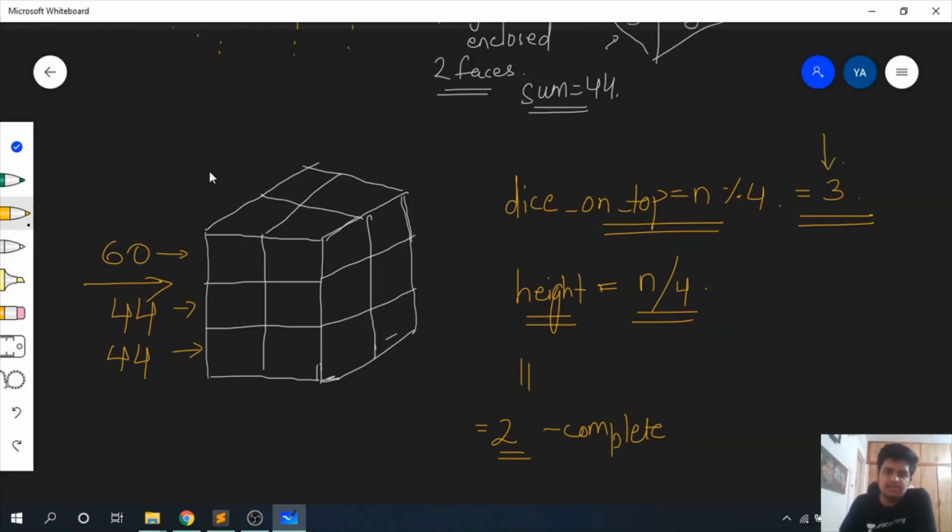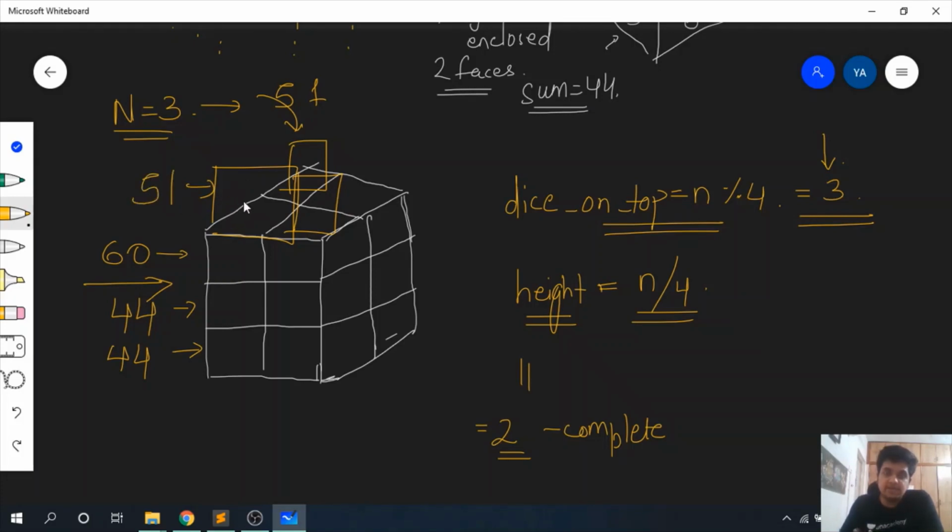So let's place the 3 remaining dice on top of this. We place one dice here, one dice here, and one dice over here. Forgive my drawing. Basically we saw that when n is equal to 3, the answer is 51. So for these 3 dice, the answer will be 51, right?